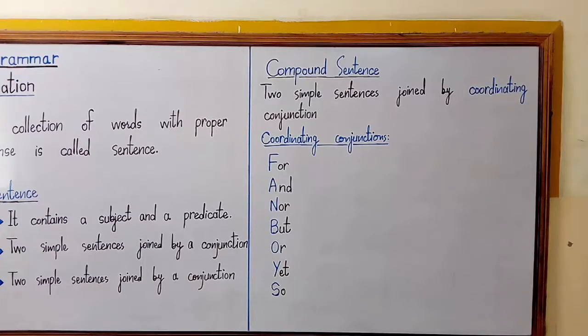So if 2 simple sentences are joined by any one of these 7 coordinating conjunctions, those 2 simple sentences will become one sentence, and that will be called a compound sentence. Let us go through some examples of compound sentence.